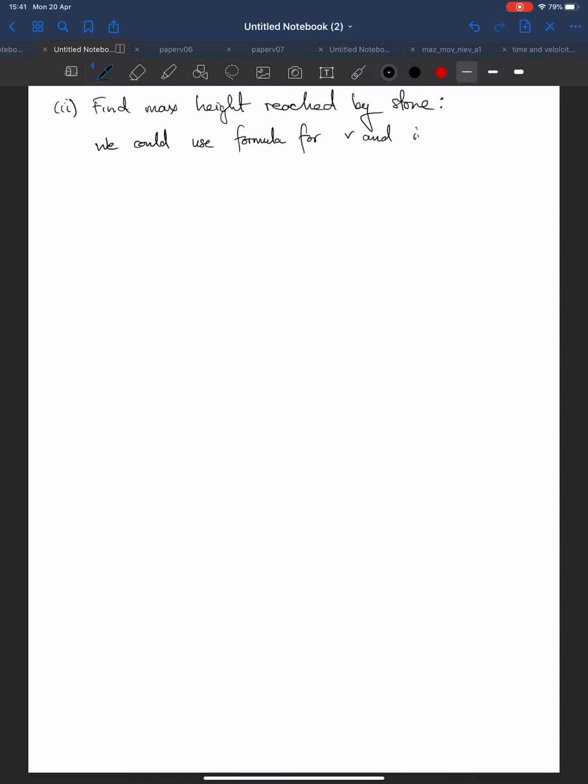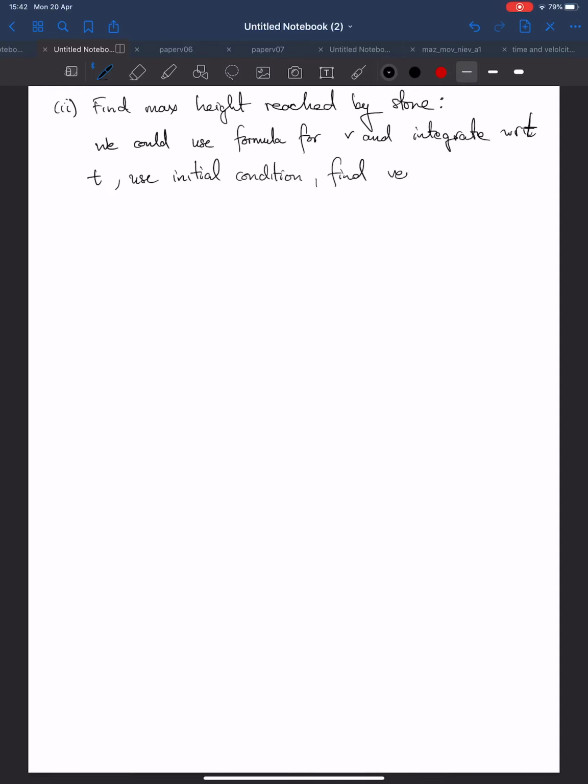and integrate with respect to t. Use the initial condition. And then these are all the steps.